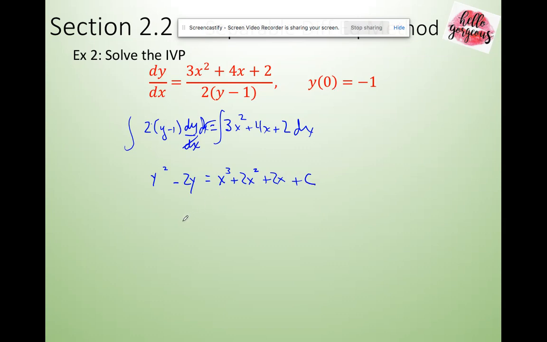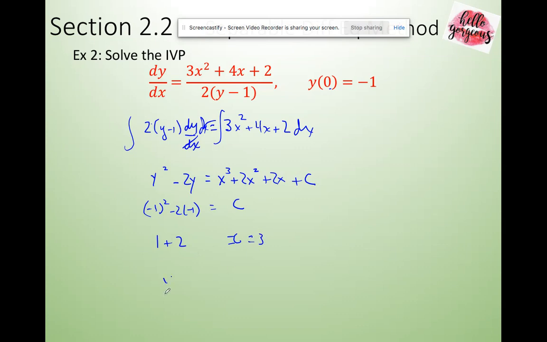Plug in my initial conditions, right? Plug in when x is 0, y is negative 1. Zero those out. So c is equal to 3.